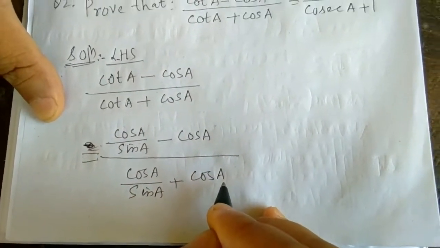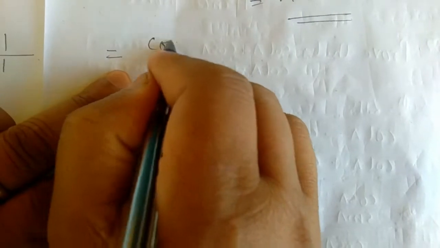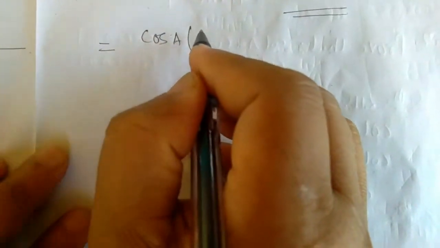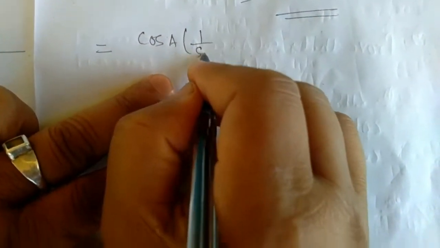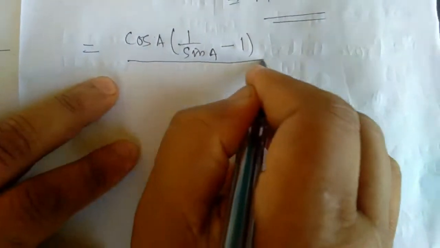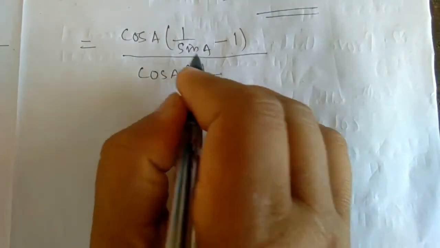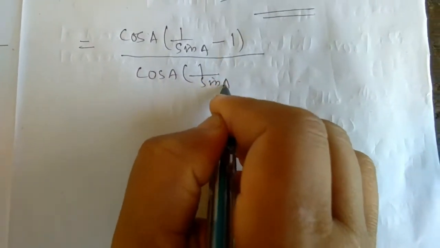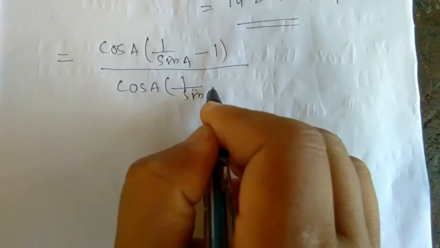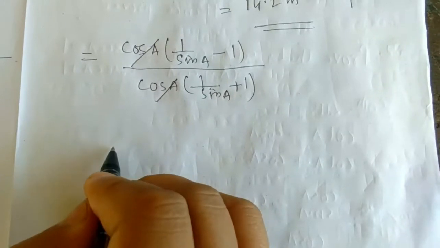Okay, equal to cos a, cos you take common, so what will remain? 1 by sin a will remain minus cos a taken, also 1 will remain. Same in the denominator also. You take cos a common, 1 by sin a will remain plus 1 will remain. Okay, cos a cancel.